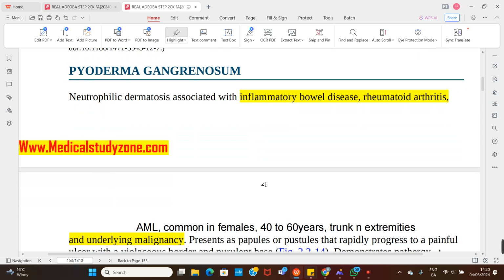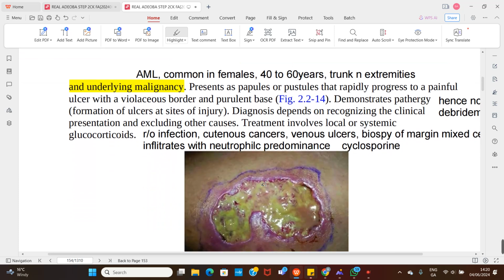So the next is pyoderma gangrenosum. Very easy stuff, very easy to pick, and this usually starts like small papules or pustules. We are going to get the history that the lesion started as a small pustule or papule that rapidly progressed and became enlarged with eventual ulceration.